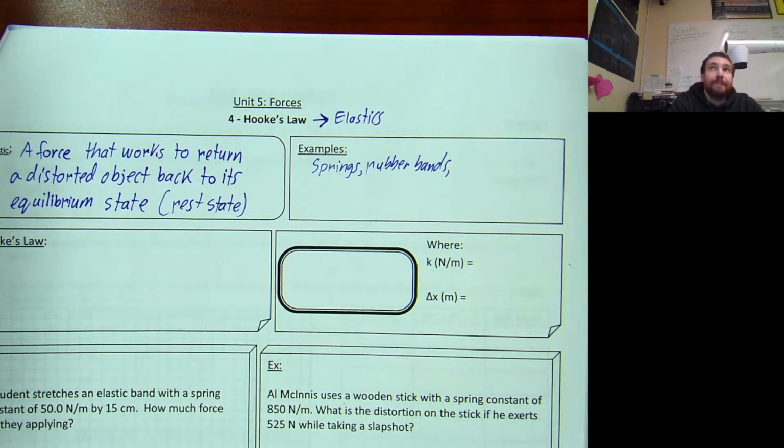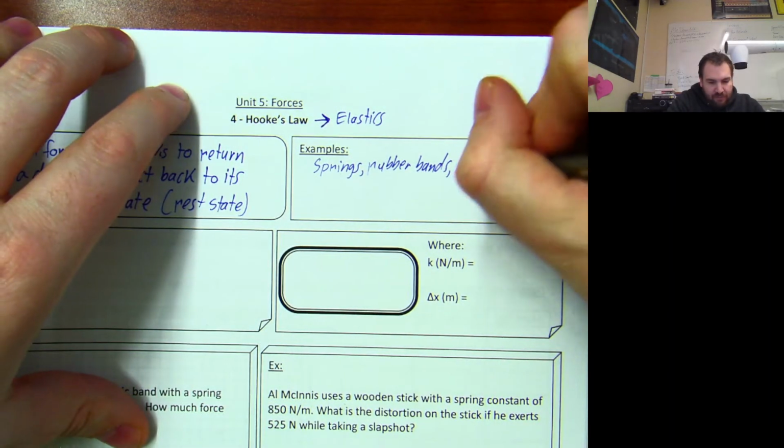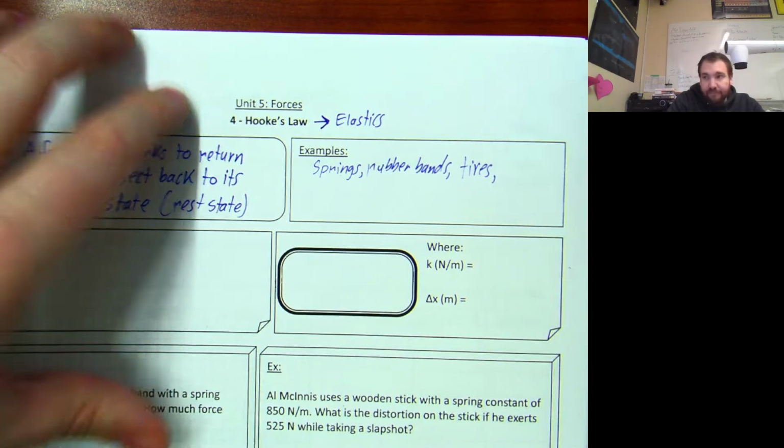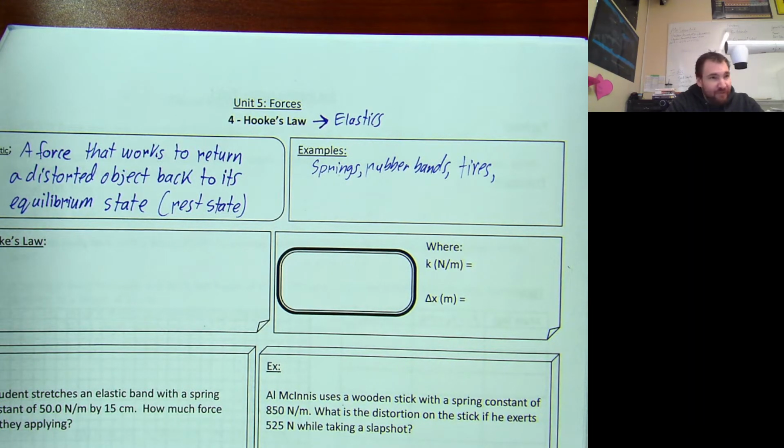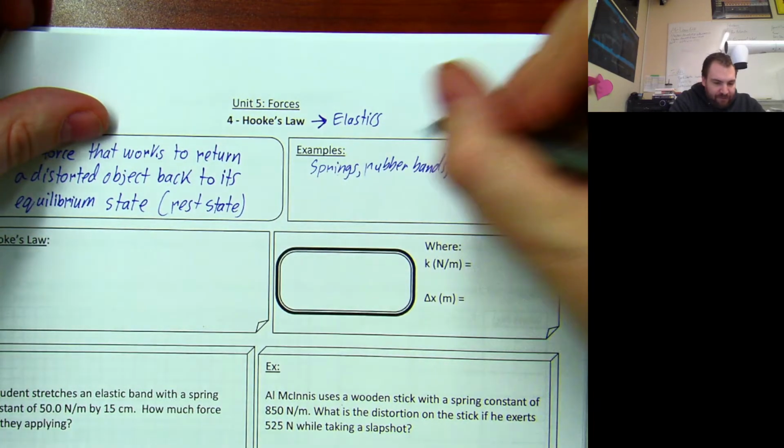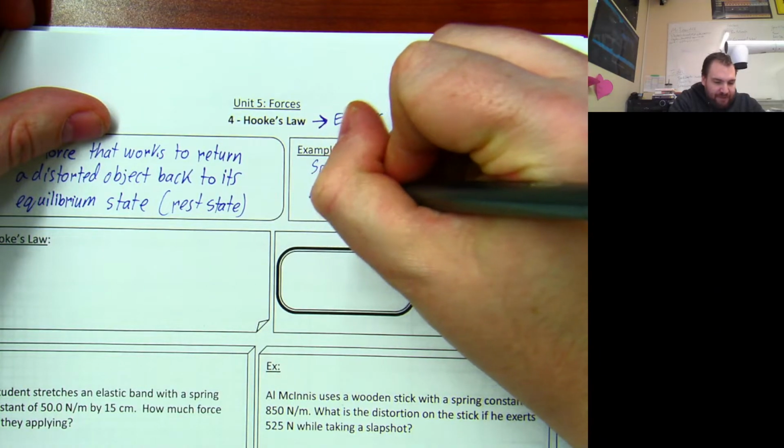Yeah. This is another word for that. Tires, sure. Not really. Some of them are so small that we can't talk about them having an elastic force. Like a rubber ball. Rubber ball, we like rubber balls. Or like a bouncy ball. I'm going to call it a bouncy ball.